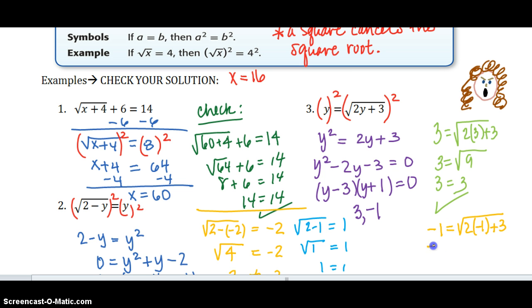You're going to end up with a positive 1, and the square root of positive 1 is positive 1. So beware when it's negative, those are likely extraneous solutions. So 3 is our only possible solution for y, because the square root of 1 does not equal negative 1.